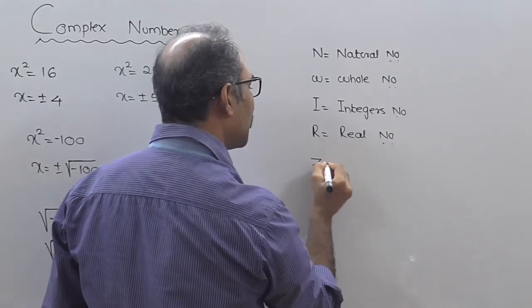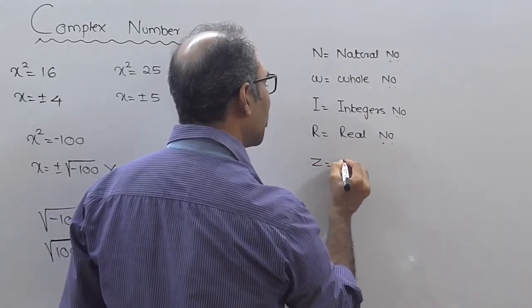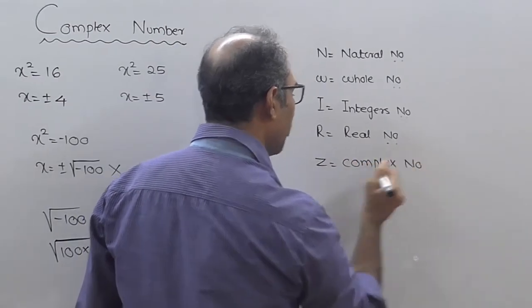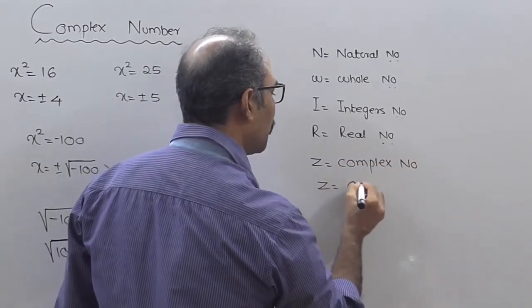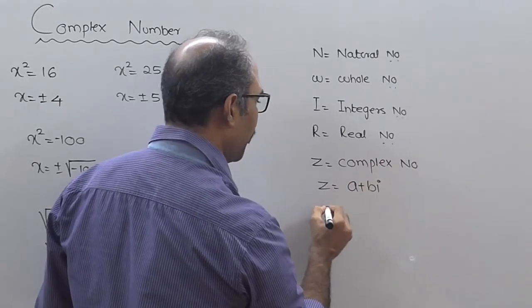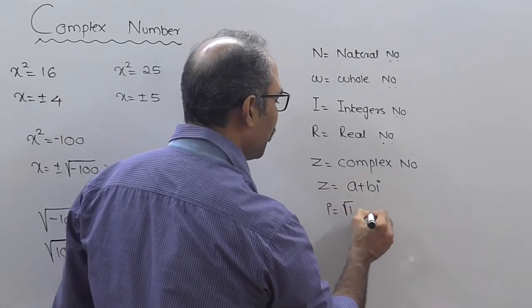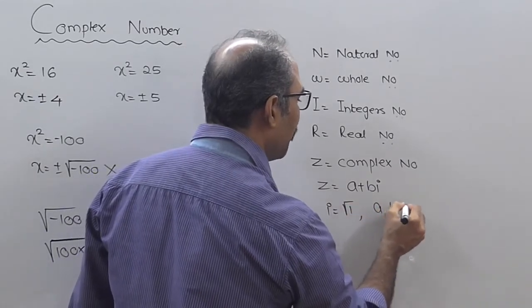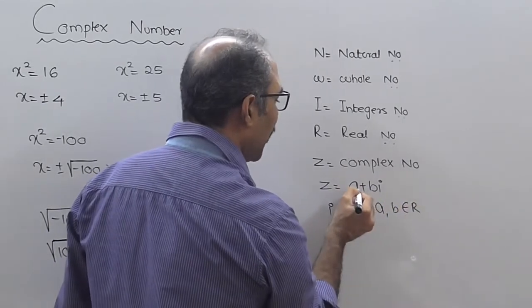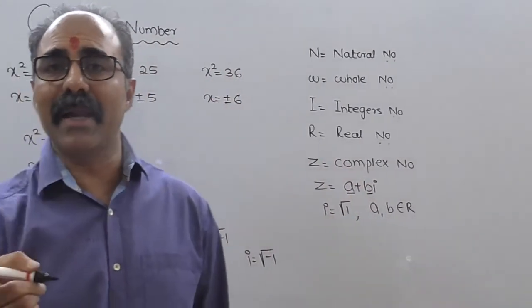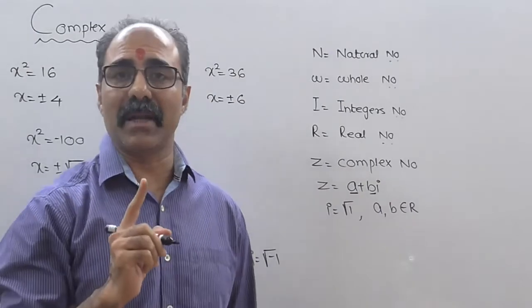And if I ask you what is Z, Z is nothing but it is defined as a complex number where z equals a plus bi and i equals root of minus 1, such that a and b belong to real numbers. यानी ये जो a और b है ना वो real number रहेगा, लेकिन जो i रहेगा ना that will be classified as imaginary number.